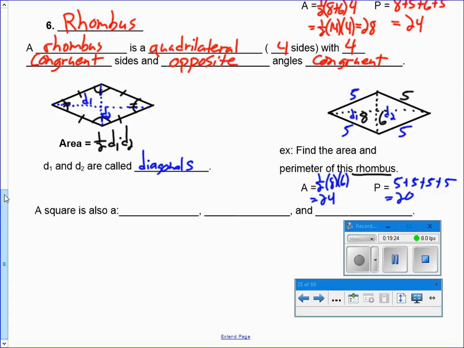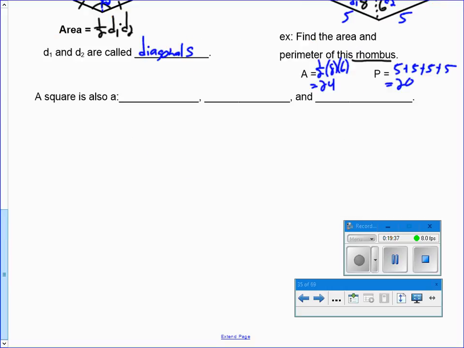So that's all the different polygons we're going to cover in here. All the ones you'll need pretty much for Math 2. Only other thing we're going to point out, since we've done all these different definitions, and a lot of them are very similar, is that some of the definitions actually fit inside other definitions. A square is also a rectangle, since it's a quadrilateral with 4 right angles.